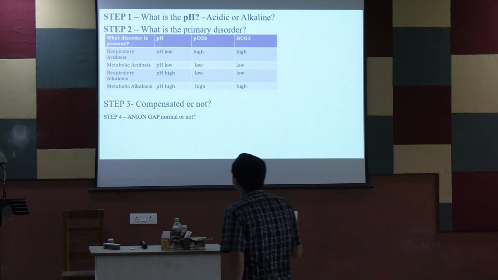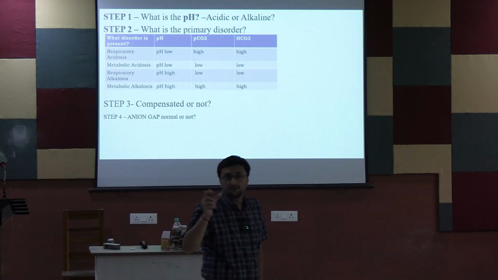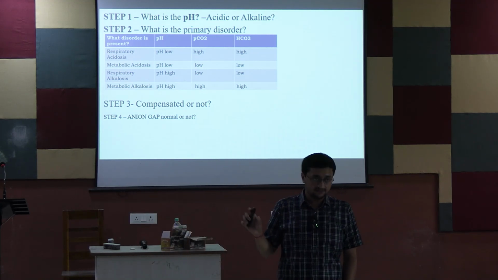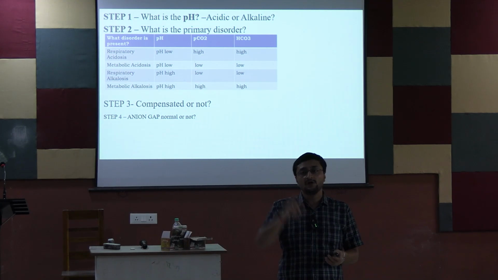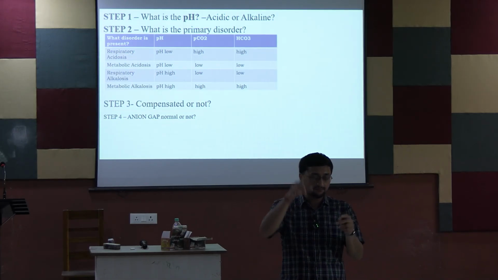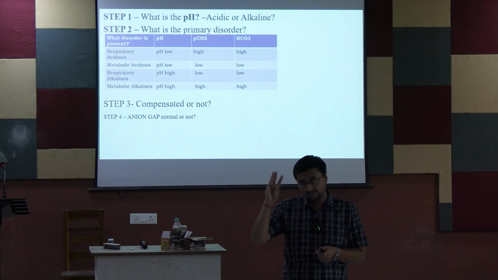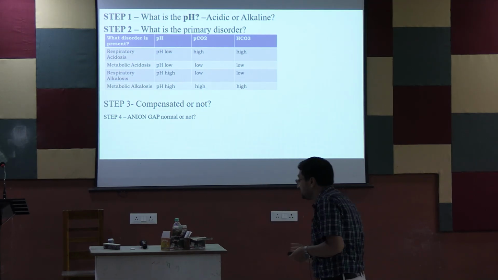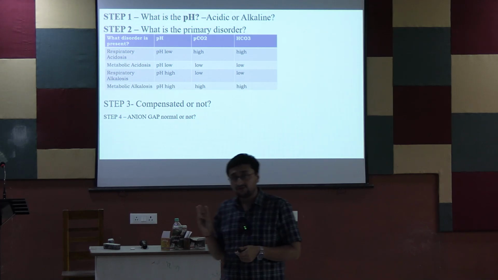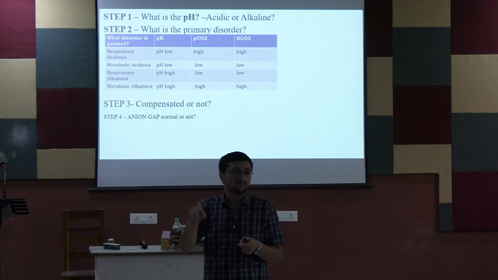So what is the primary disorder? This is a very easy dictum. If all the arrows go in the same direction, that means pH is low, PCO2 is low and bicarbonate is low. That is the same direction, pH low, PCO2 low and bicarbonate low.